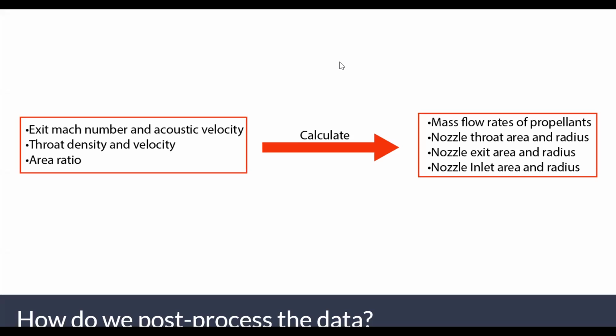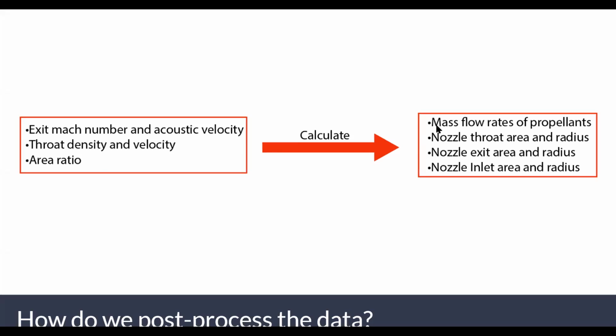Okay. Let's do this. So CEA gives us a bunch of stuff that we can use, like the exit Mach number and the speed of sound at the exit, the throat density of the flow and velocity, and then the area ratio between the throat and exit areas.